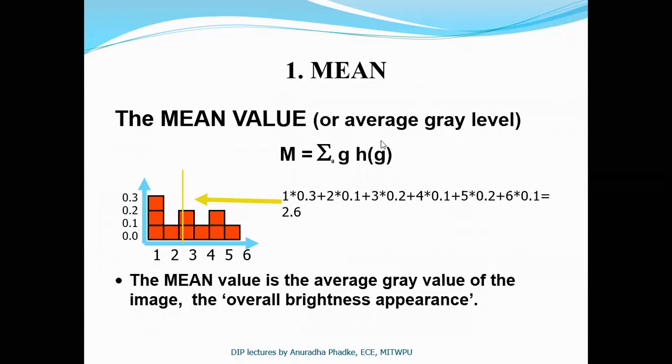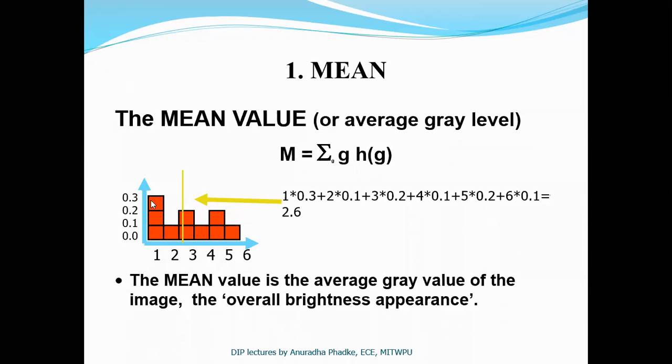Now, from the normalized histogram, we can obtain the mean value by summation G into Hg, where G represents gray level and Hg represents the normalized histogram value. Okay, so for this particular example, say there are 6 different gray values, and the y-axis represents the normalized histogram.